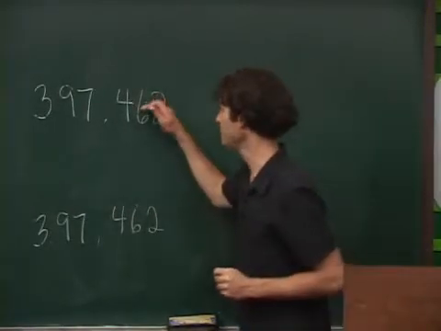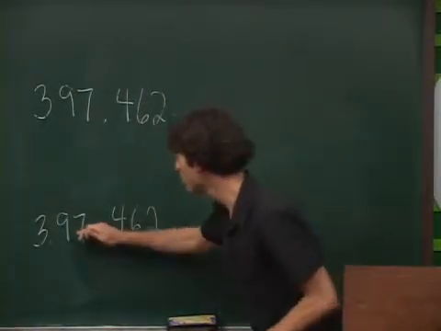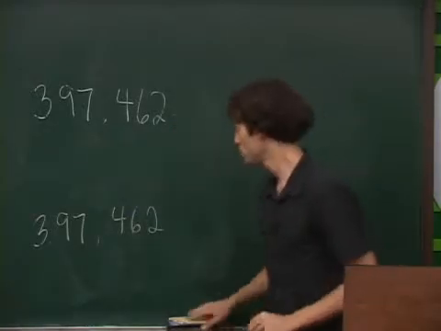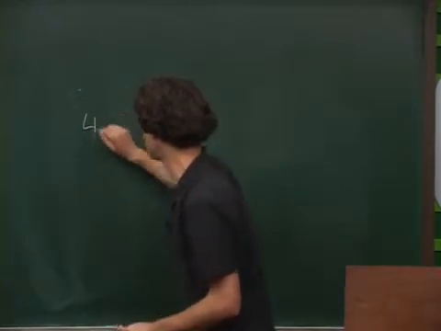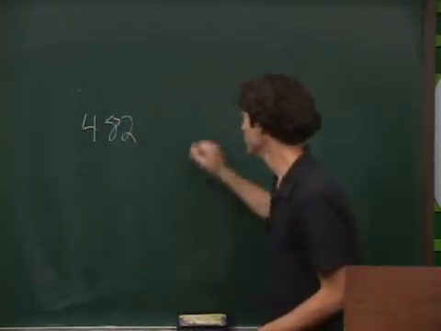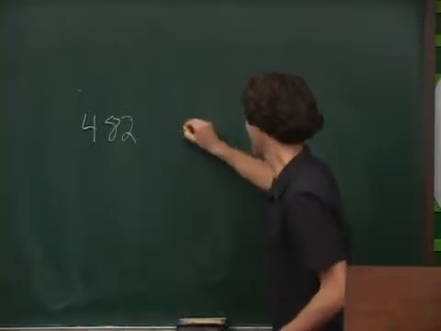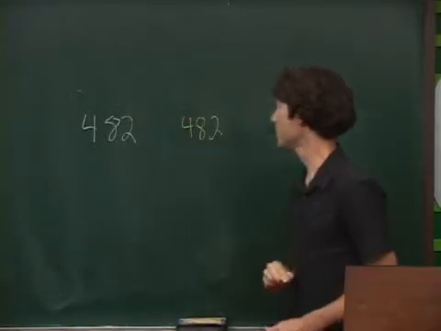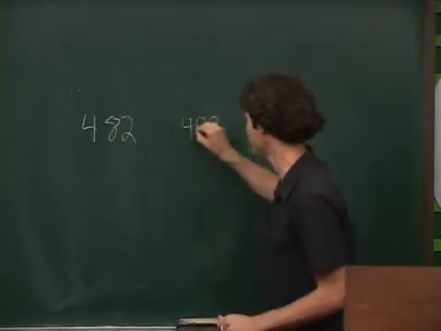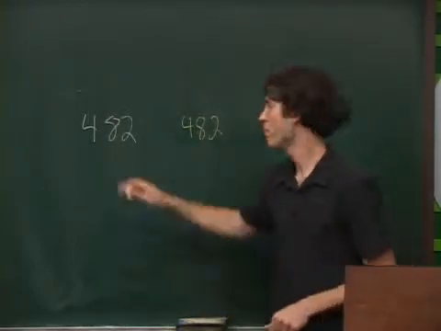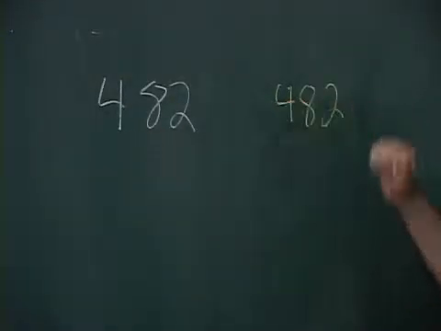So we would say this number is equal to this number. Just like 482 and 482. We can say that this number and this number are equal. 482 is equal to 482.